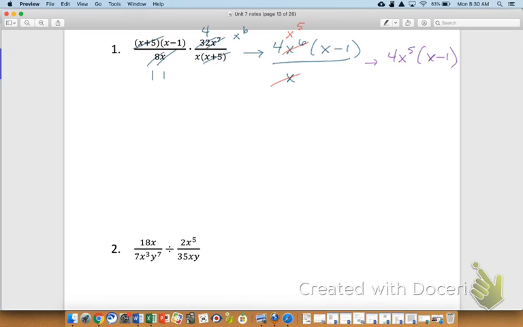So when you simplify this, you're going to want to find everything that simplifies. You did some of it for sure, but there was more. There's for sure 4x to the 5th. Does that make sense? Guys, questions on number 1?